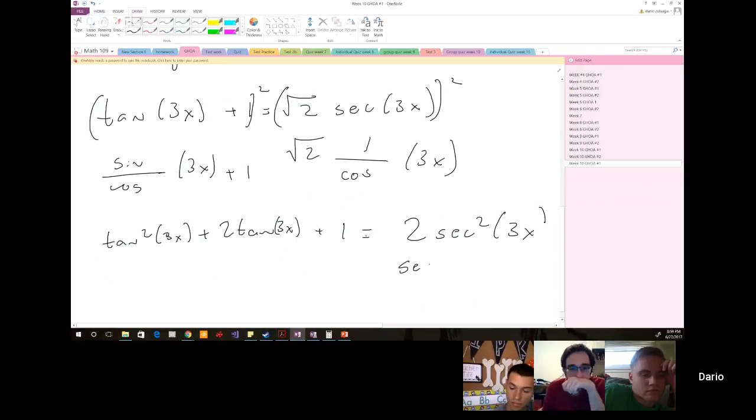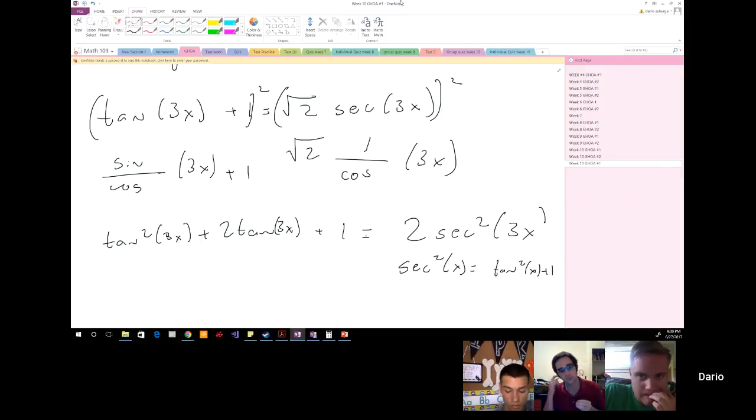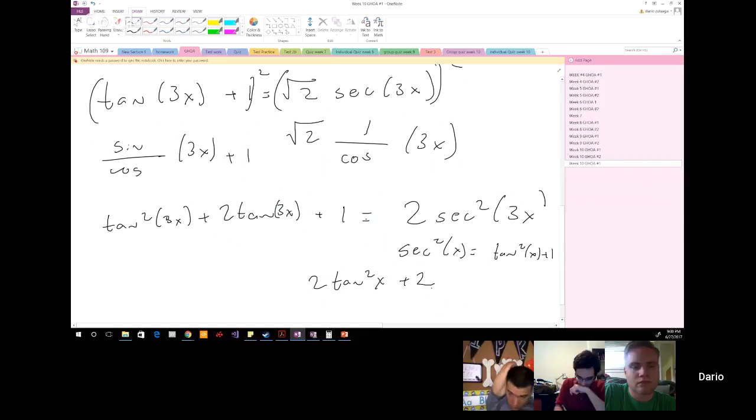So the secant squared x can be equal to tangent squared of x plus 1. That's the function right there. So I guess breaking it down even more, that would be 2 tangent squared x plus 2.